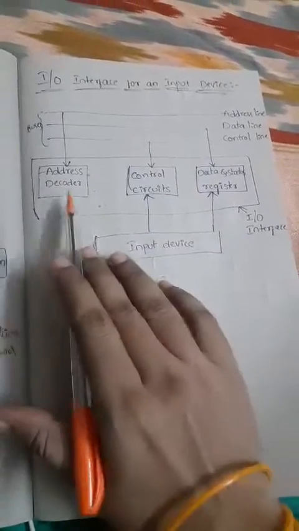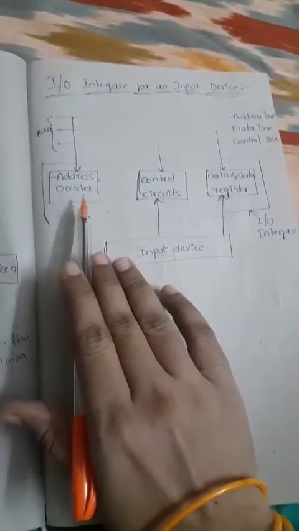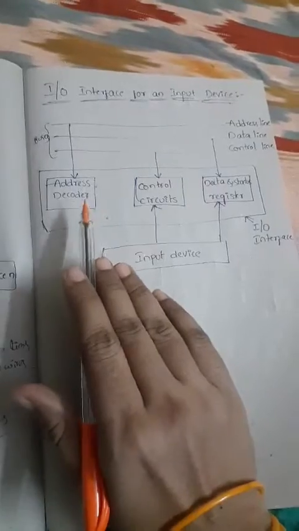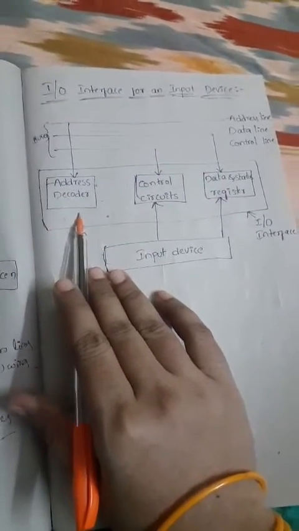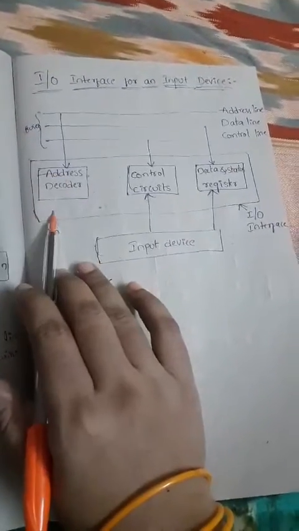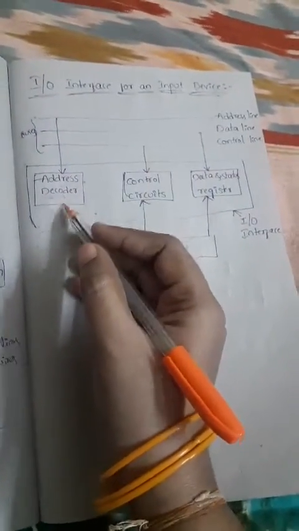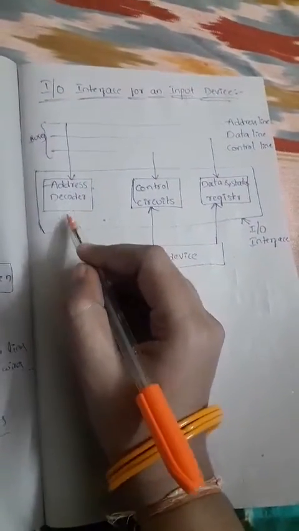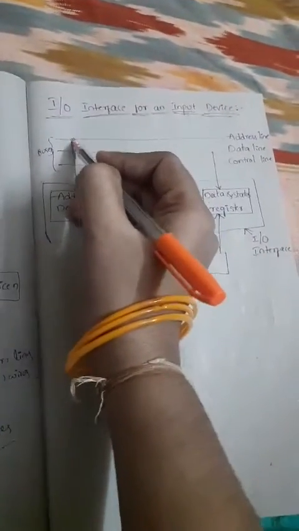Here the address decoder enables the device to recognize the address. So what will this address decoder do? It just enables the device to recognize the address.